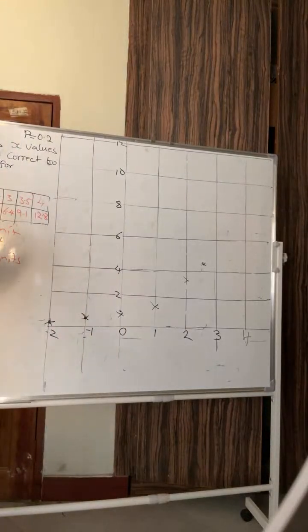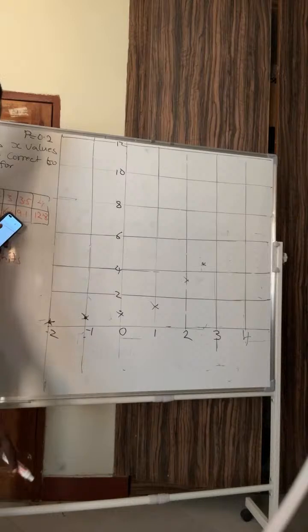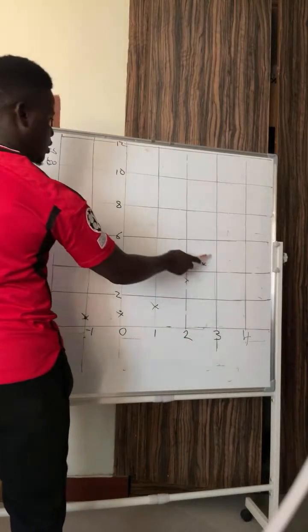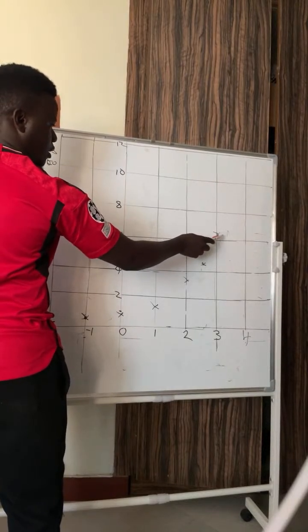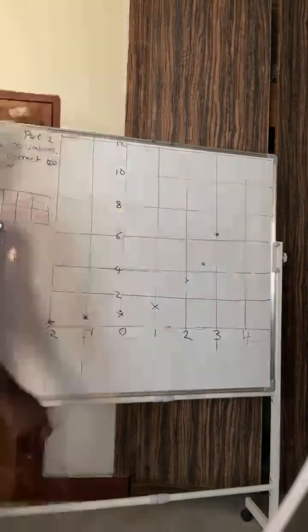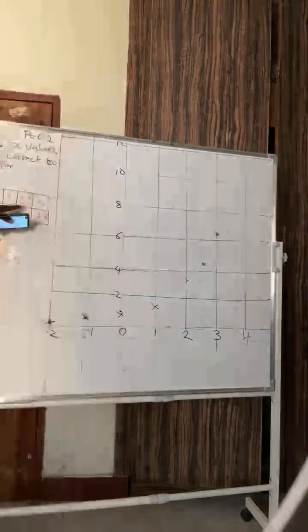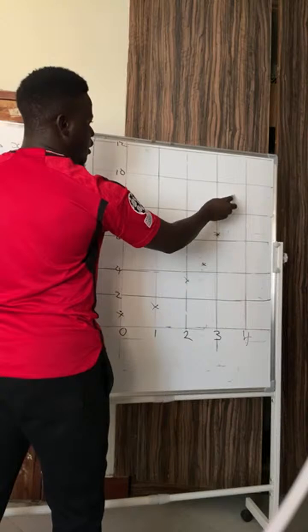So you should draw it as a smooth curve. Then 3, 6.4. 3 is here, 6.4 should be somewhere here. Then 3.5, 9.1. 3.5 is here, 9.1 should be here.